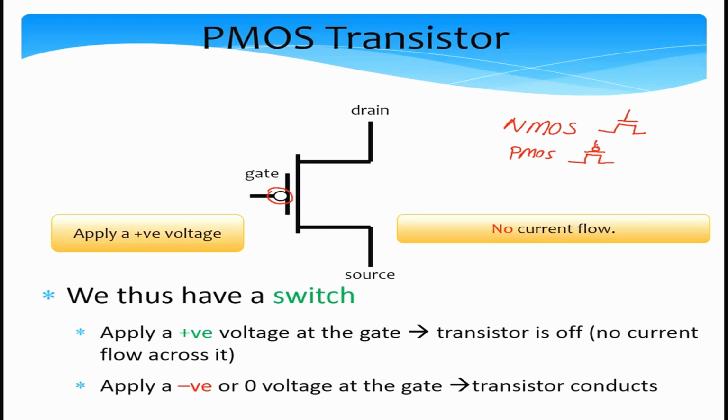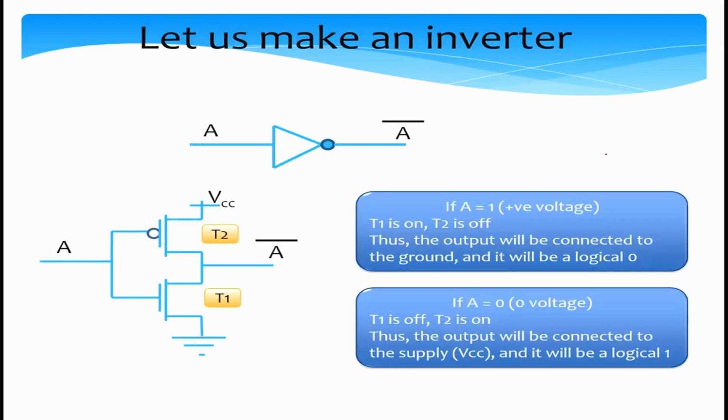If the voltage at the gate is 0 volts, either the gate is grounded or it has a negative voltage, current flows across the transistor. And if the gate has a positive voltage, then current does not flow across the transistor.